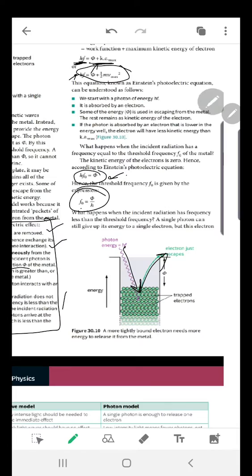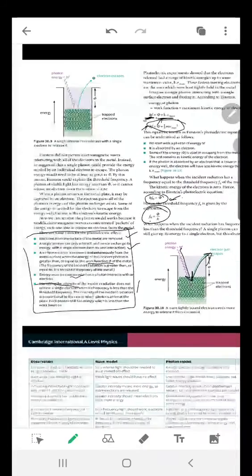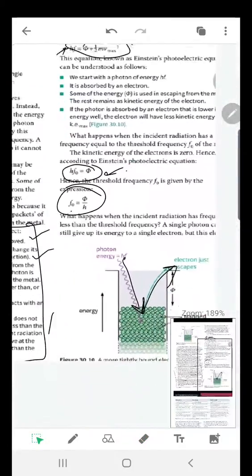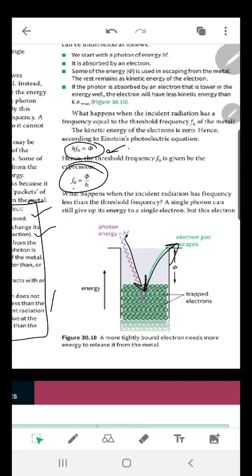In the previous case, when the electrons were lightly bound, it takes the electron out and some kinetic energy is left. Over here, all of the energy is taken by the electron to escape. These are the trapped electrons inside.